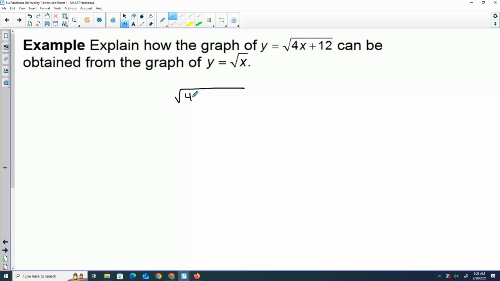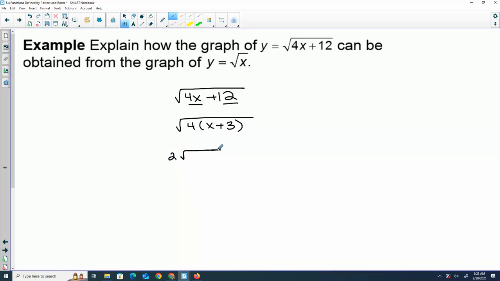If you look at 4x plus 12, what do you notice about both of those? Both are even and both are multiplied by 4. Okay, so let's factor out the 4. If I take the 4 out, we could even bring the 4 out of the square root. What is the square root of 4?